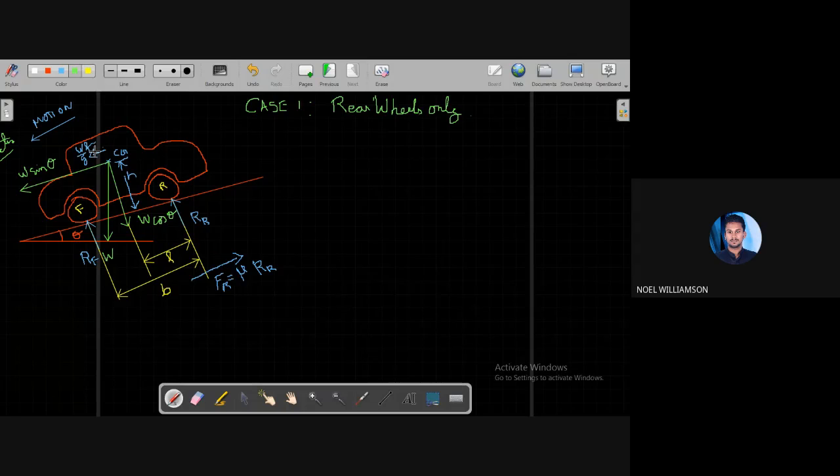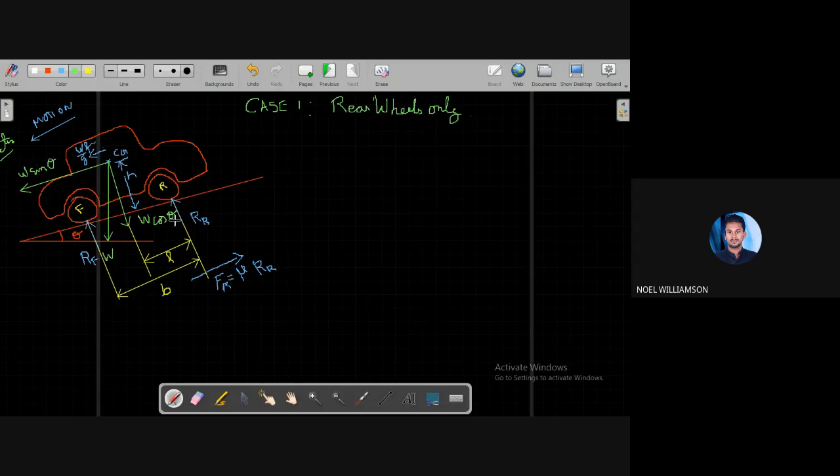We are using deceleration because while we are applying brake, the velocity will be decreasing. So these are the forces: the reactions RF and RR, then the frictional force at the rear surface, that is mu into RR, the inertia force W by G into F, then the components of the weight, W sin theta and W cos theta.